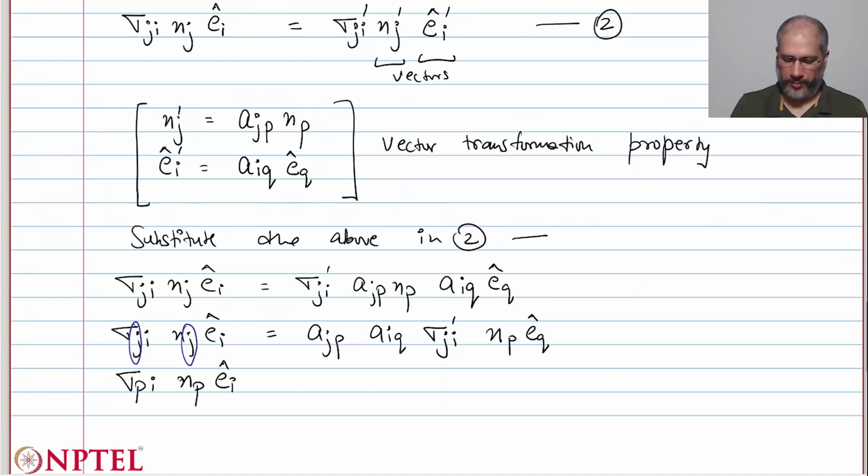They're exactly the same. And similarly, I can also in fact modify the i to a q here, because these were repeated as well. So now we can see that we have an n_p e_q and we have an n_p e_q on the right hand side as well. So I'll move everything to the left now.